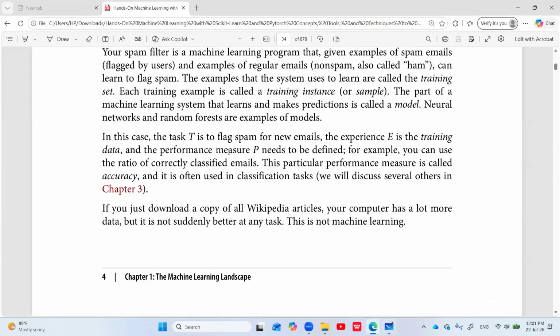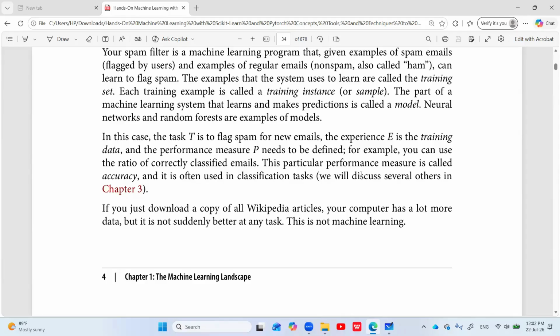In this case, the task T is to flag spam for new emails. The experience E is the training data, meaning the examples that are provided. And the performance measure P needs to be defined. For example, you can use the ratio of correctly classified emails, because this performance is something that we define.